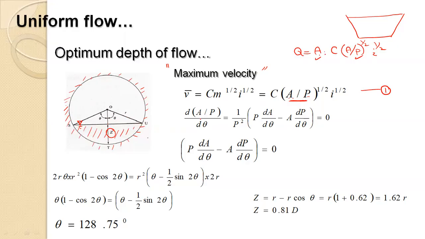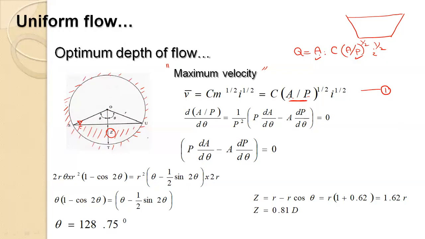The water depth in this case I have made dependent on theta. I have defined an angle theta, which makes the water level go up and down. For example, when theta equals 0, water depth is 0. When theta equals 90 degrees, Z is D divided by 2, half of the diameter.